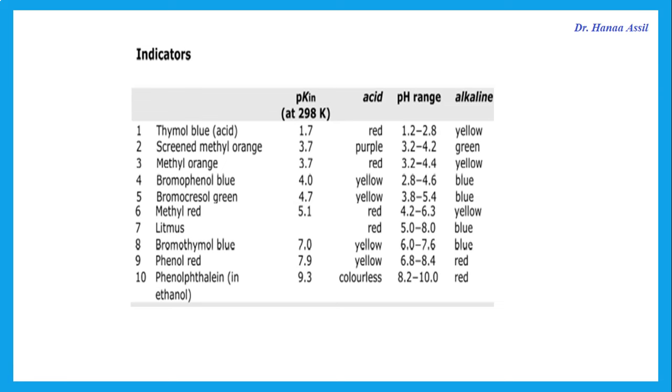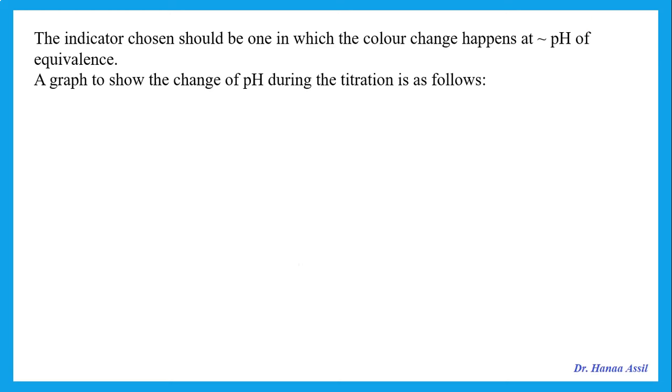This is a table present in your data booklet, and this will help you to choose the correct indicator for each titration. So the indicator shown should be the one that changes color at the equivalence point.